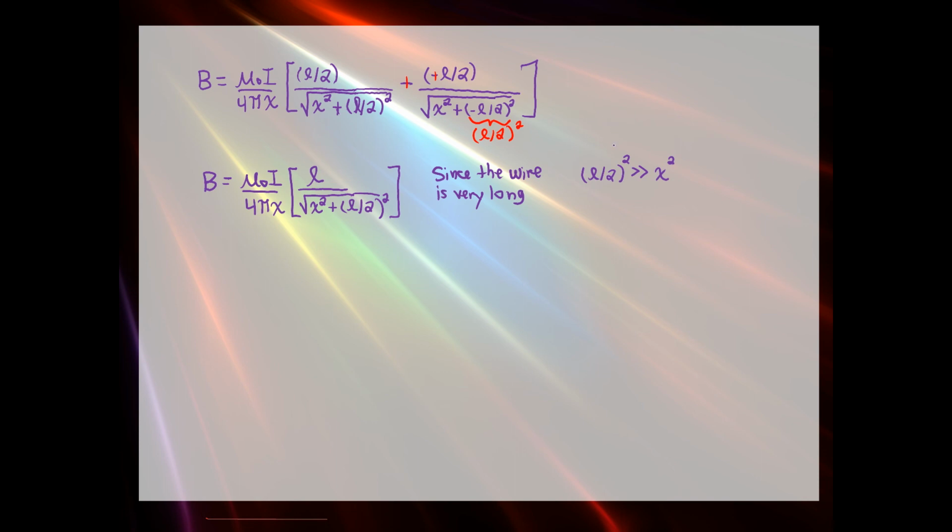If it's infinite, then the distance from the wire to point x would be really, really small. So since the wire is very long, we can pretty much say that x squared is approximately equal to 0, but just in this part of the equation, because we're just doing a comparison here.